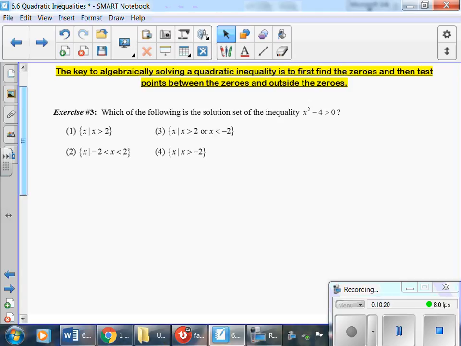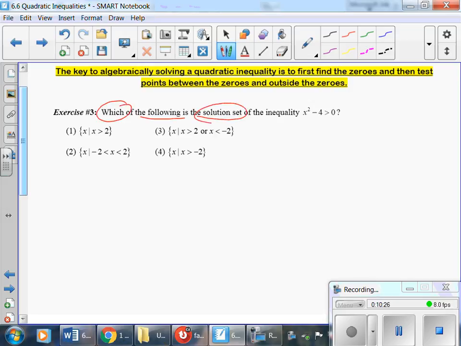Which of the following is the solution set of the inequality x squared minus 4 is greater than 0? Before I even start looking at my solutions, I know this is the difference of two perfect squares, which is (x plus 2)(x minus 2) is greater than 0.